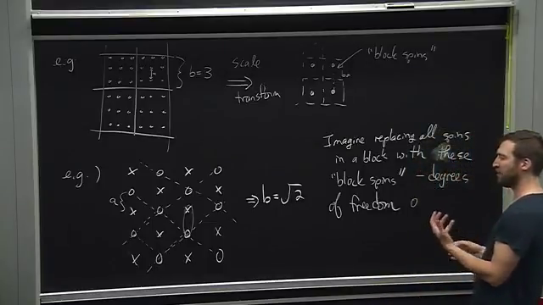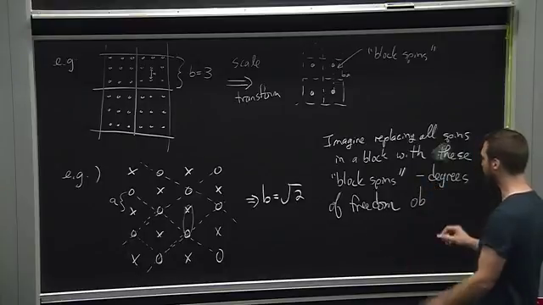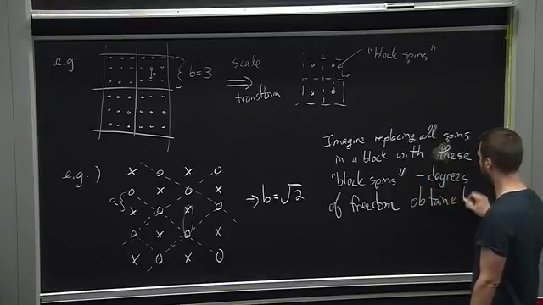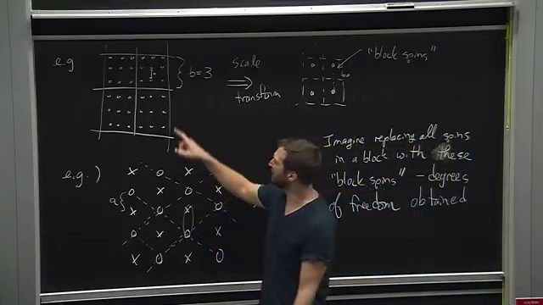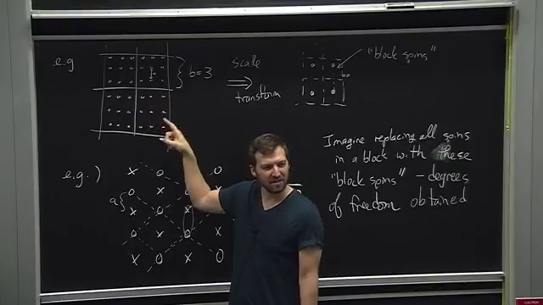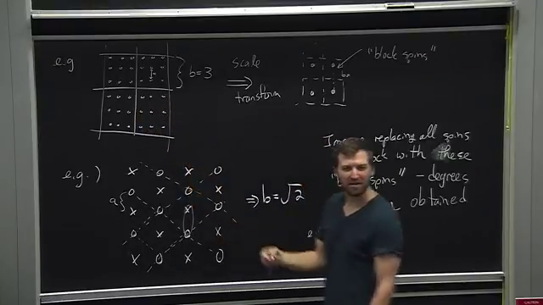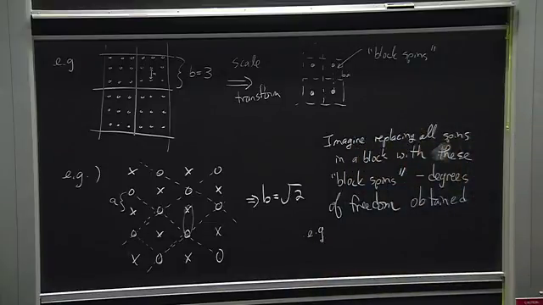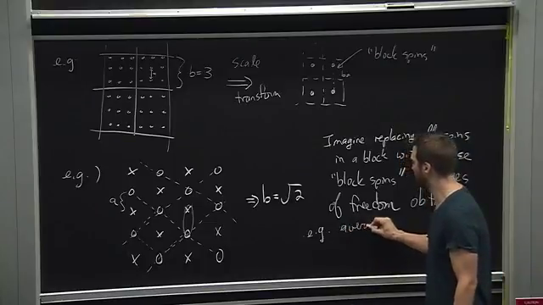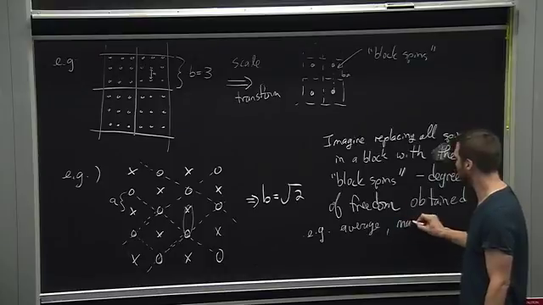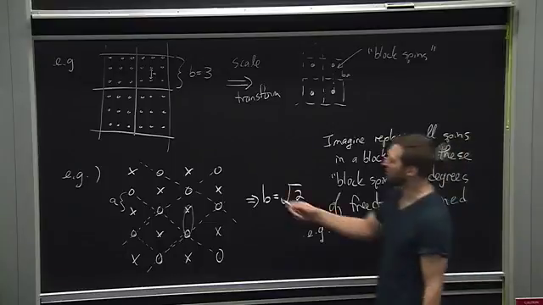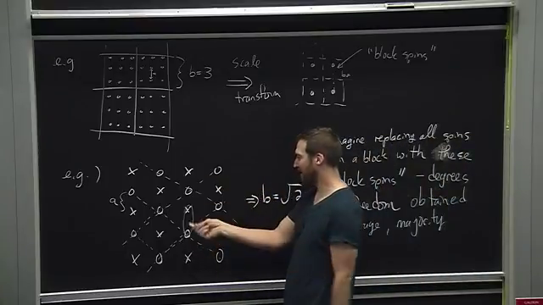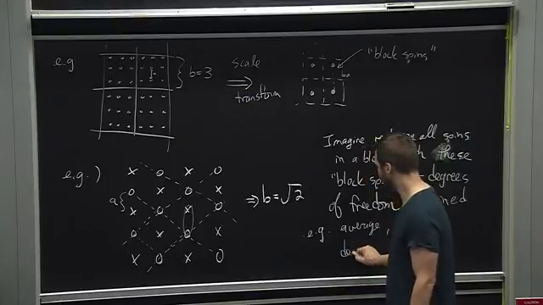So the new degrees of freedom have to be obtained somehow from the old degrees of freedom. So for example, you could maybe average the spin states here. You can imagine taking these 9 spins, finding the average magnetization, and replacing those 9 spins with the average. Or maybe a majority rule, or you could just decimate. You can imagine just throwing away all the x's here, that would be decimation.